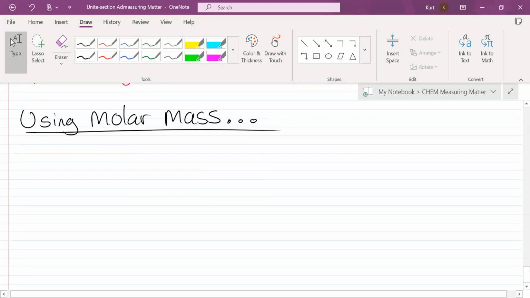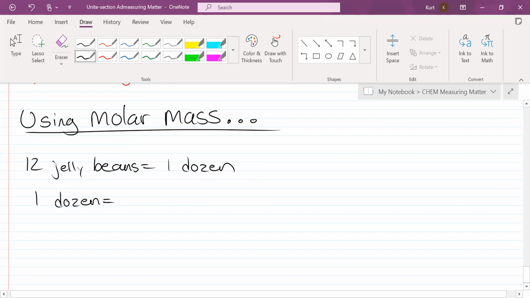You buy jelly beans in bulk and realize it is too much work to count jelly beans by the dozen, so you decide to sell jelly beans by mass. 12 jelly beans equals 1 dozen. That's your first conversion. And you determine that 1 dozen is equal to 35 grams.